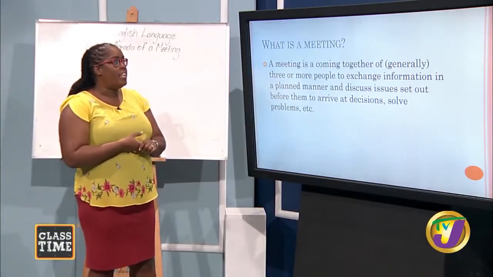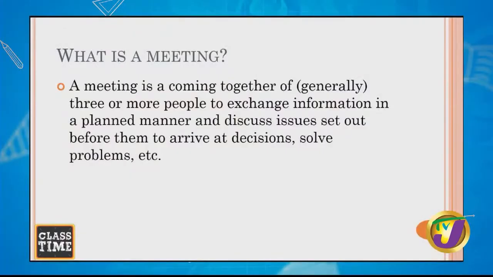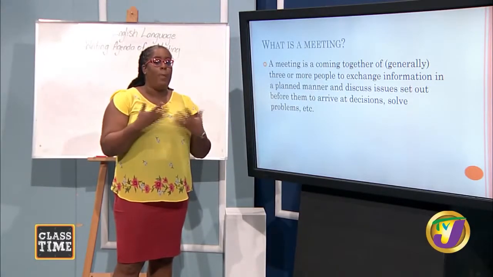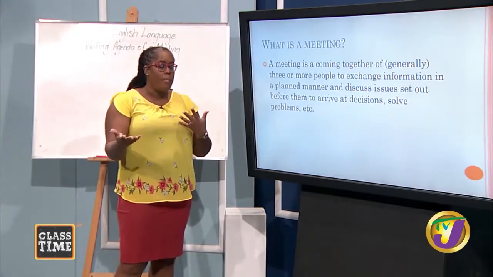A meeting is a coming together of generally 3 or more people to exchange information in a planned manner and discuss issues set out before them to arrive at decisions, solve problems, etc. So a meeting is a coming together to discuss anything, right? If we understand what a meeting is, then we understand why it is best to write an agenda of a meeting.